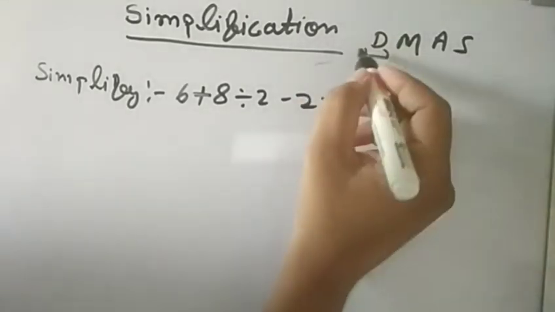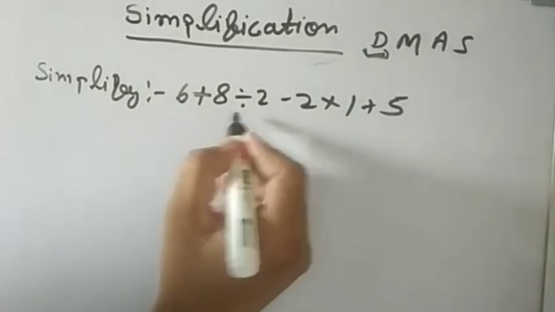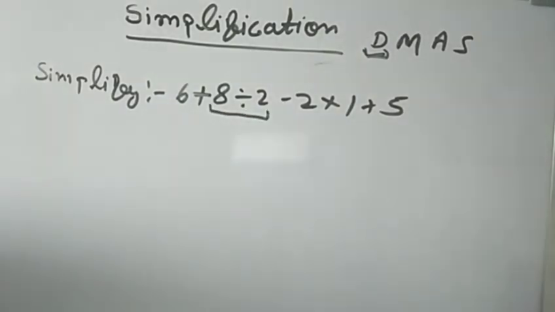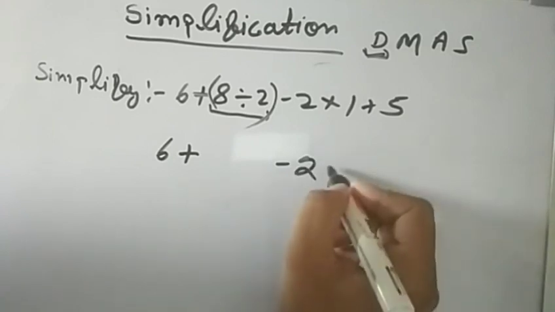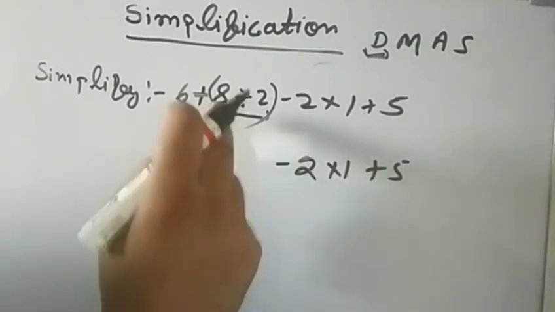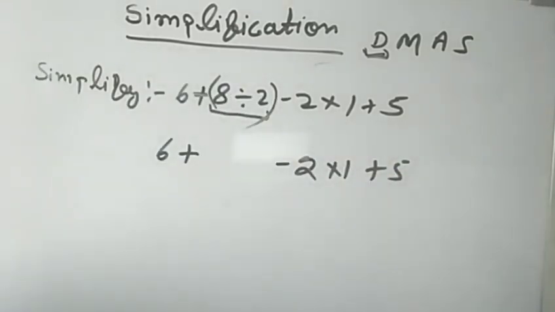So first of all, find the division sign. Here is the division sign. It is between 8 and 2. So we have to divide 8 by 2 and write all the other numbers as they are, plus minus 2 into 1 plus 5. What is the quotient when we divide 8 by 2? Quotient is 4.